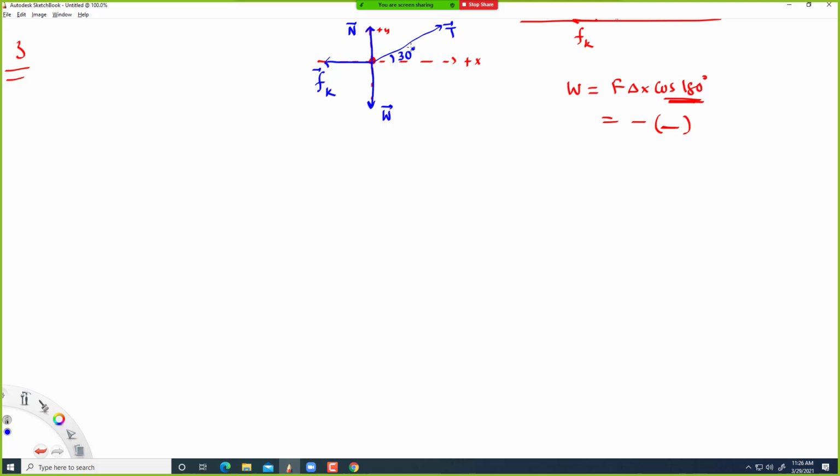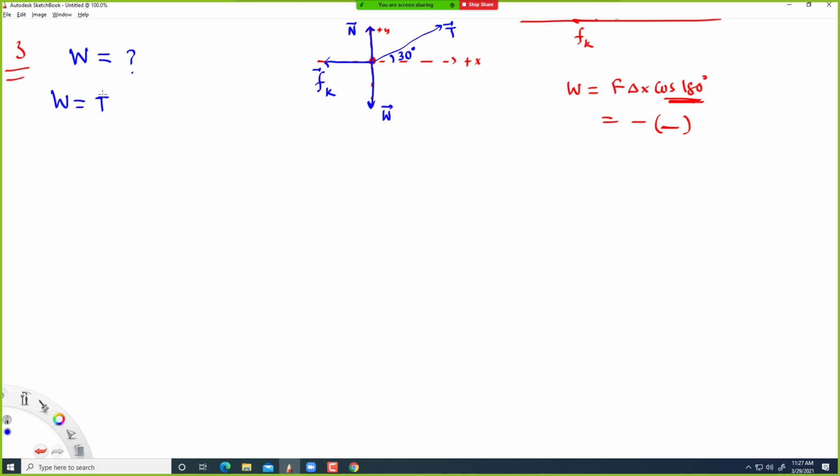So what do we need to find here? We need to find the work. Okay, so W is what? So work done by this tension is W is equal to T. It's asking how much work is done by the person.